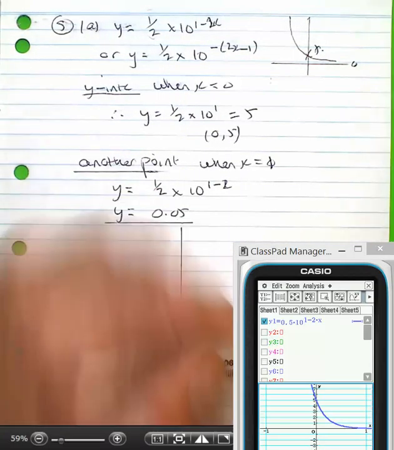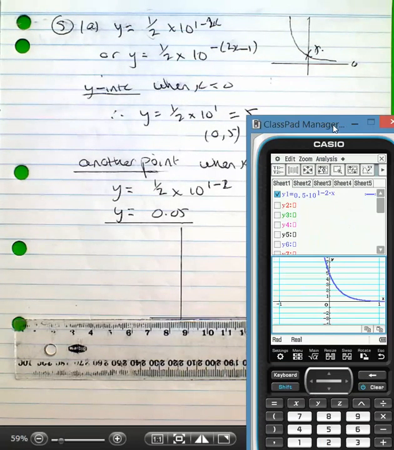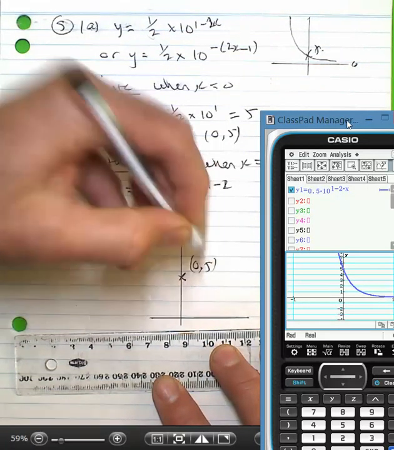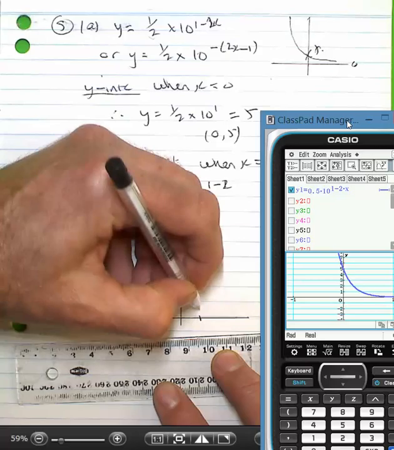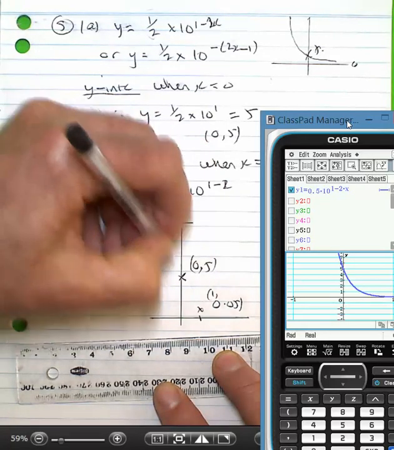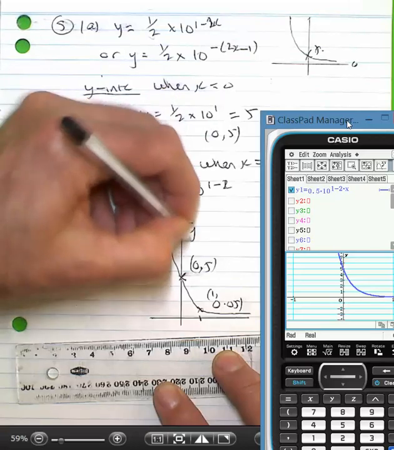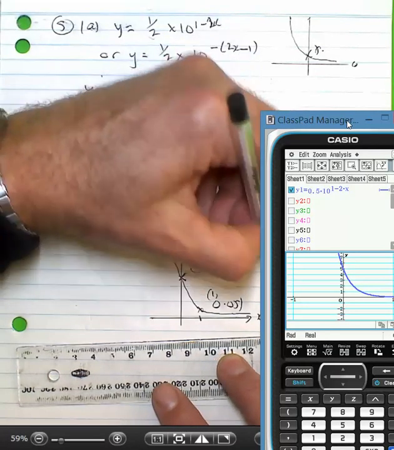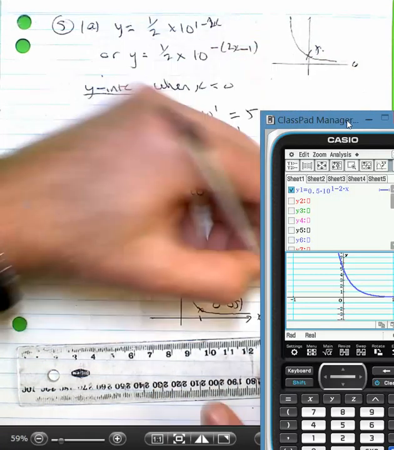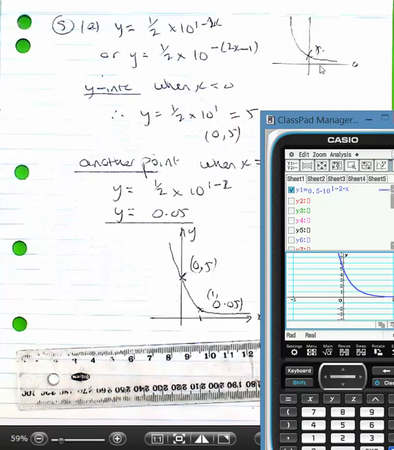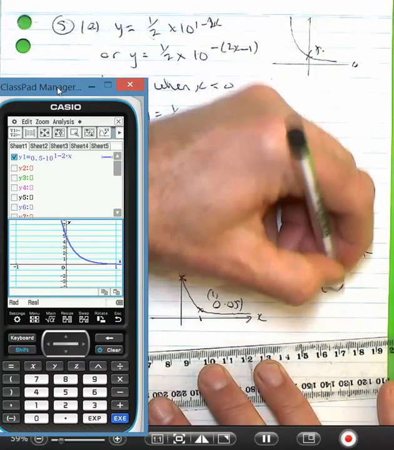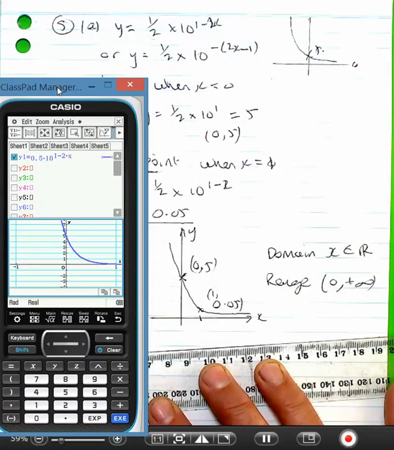Notice how I've automatically generated it on my graphics calculator as well. And the range is going to be between 0 and positive infinity.